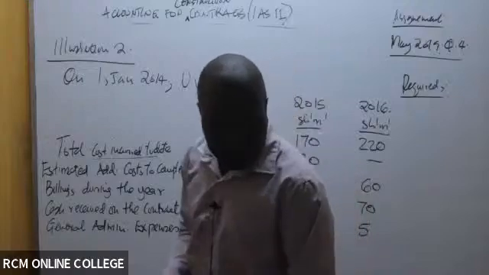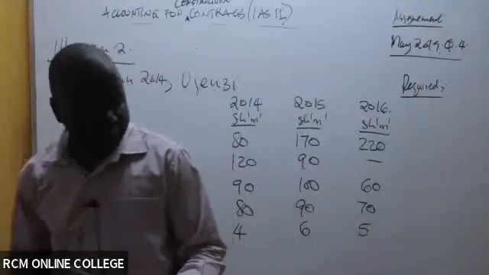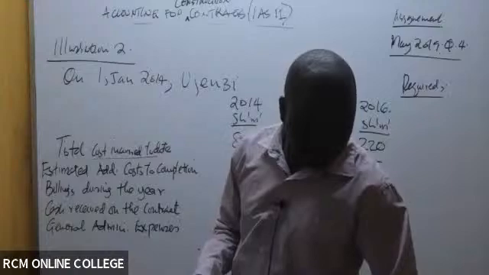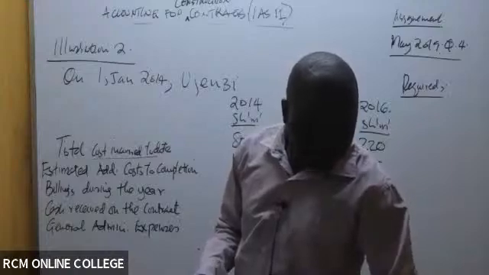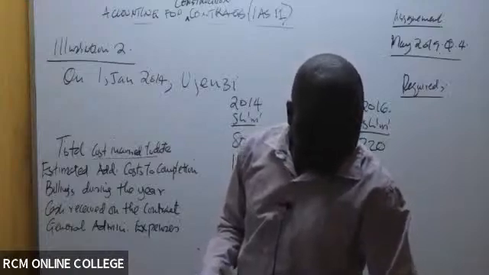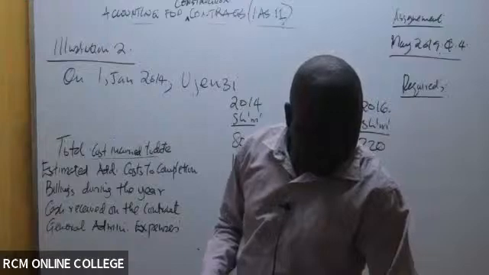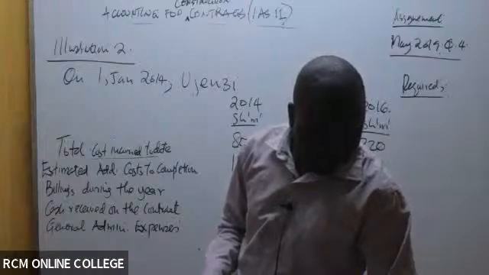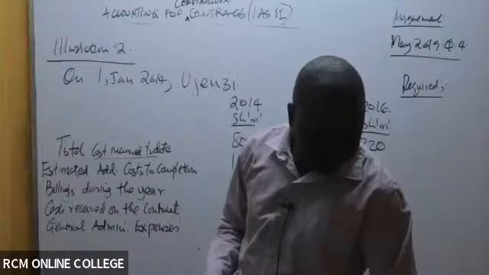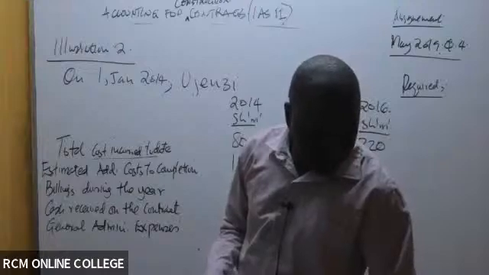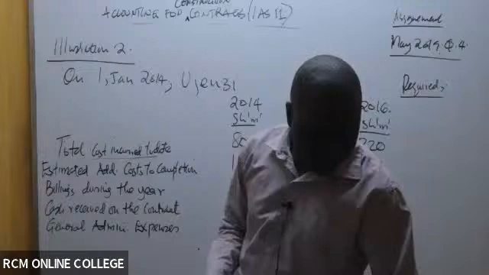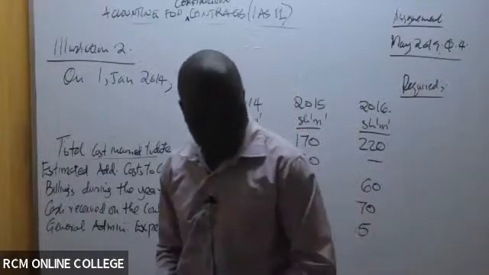Under topic number 1, what we have as computations is leases, then current and deferred tax. These are the areas I think are theory.